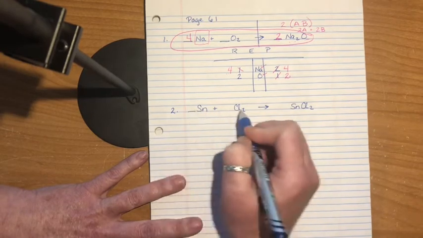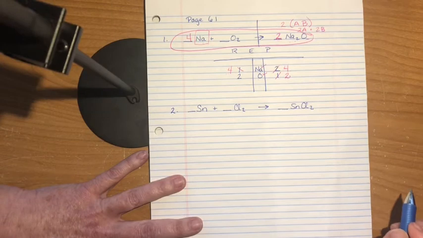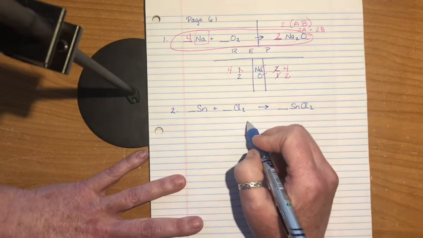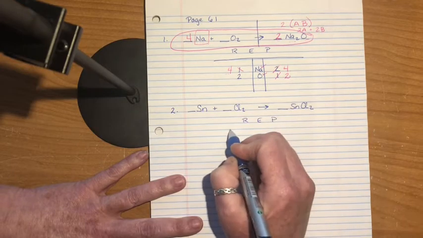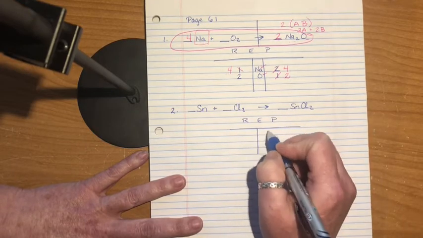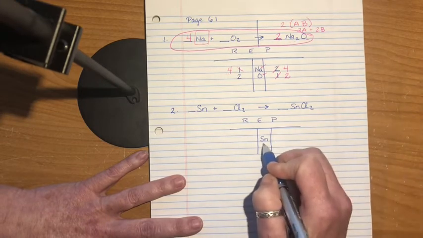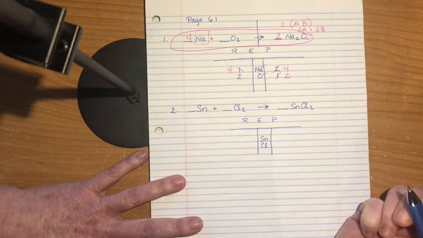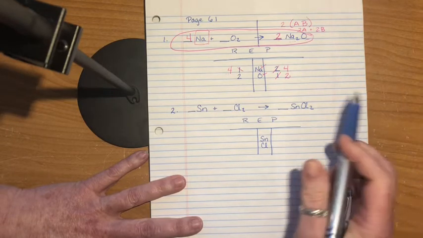So I want to put a space in front of each of those compounds in order to check it out. I want to do my reps. So in the middle, I'm putting my possible elements. Possible elements are tin and chlorine. Now I want to count out the number of atoms.